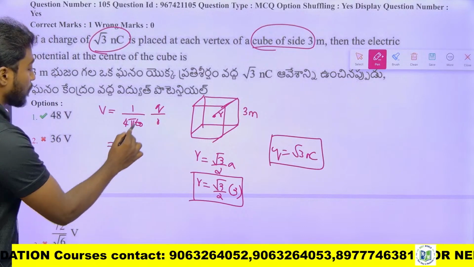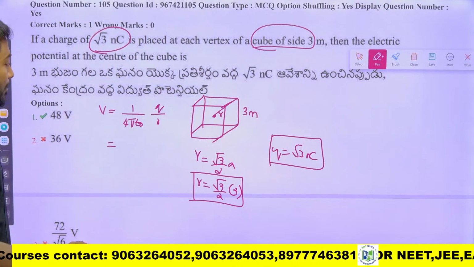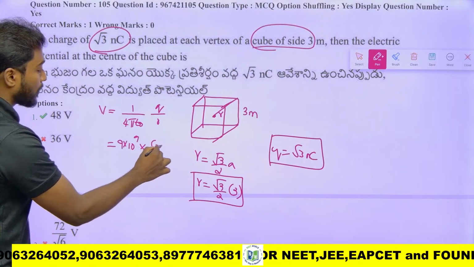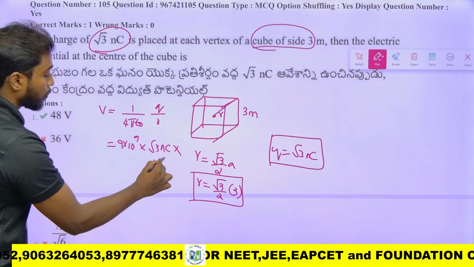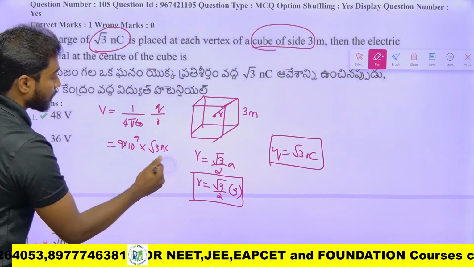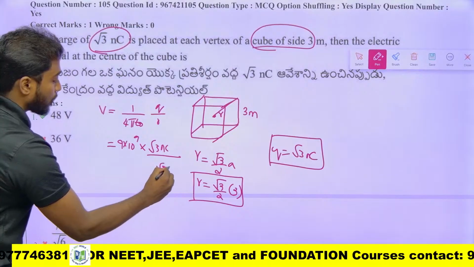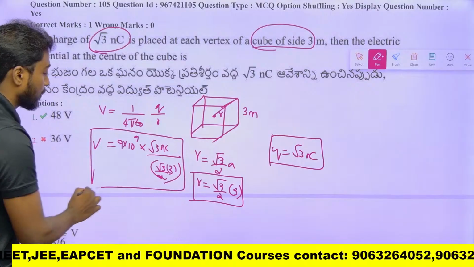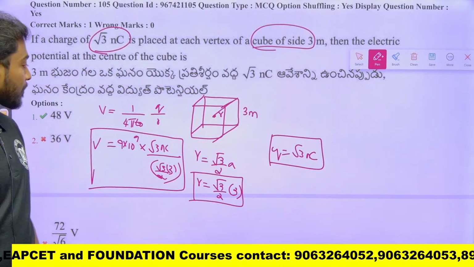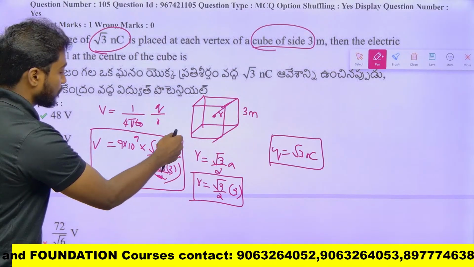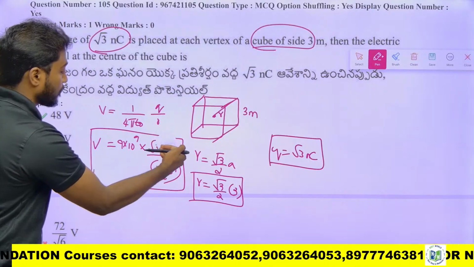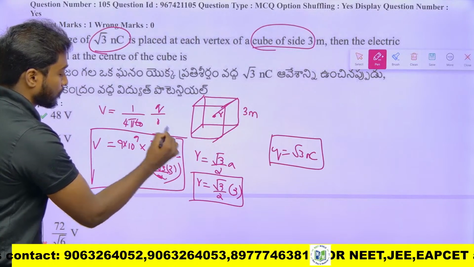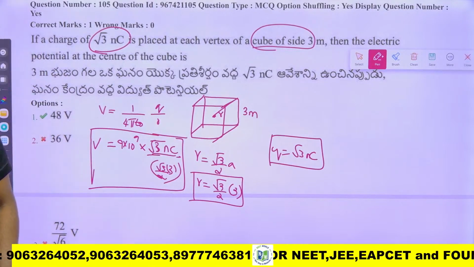We know 1 by 4 pi epsilon naught is 9 into 10 power 9. So 9 into 10 power 9 into root 3 nanocoulomb divided by root 3 by 2 into 3. You will get the potential. So only the calculation part is left. Okay, you can calculate it guys.